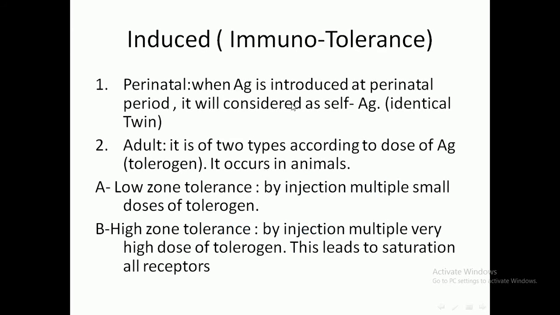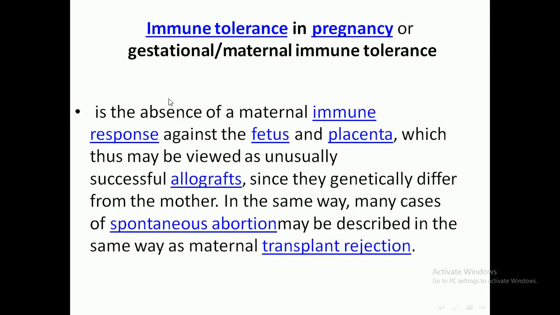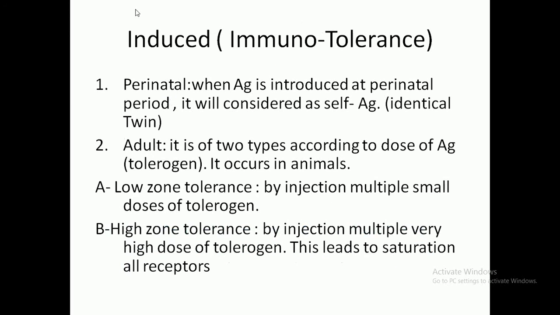And the induced type, induced by the individual or by a person, is called immune tolerance, which occurs in the perinatal period when the antigen is introduced at the perinatal period, and this can be seen in identical twins.